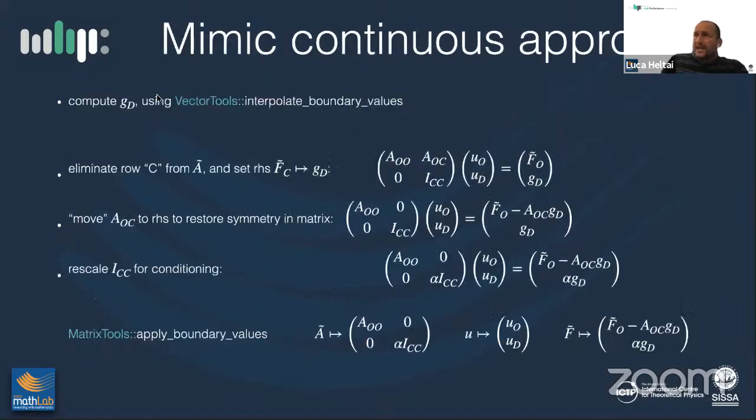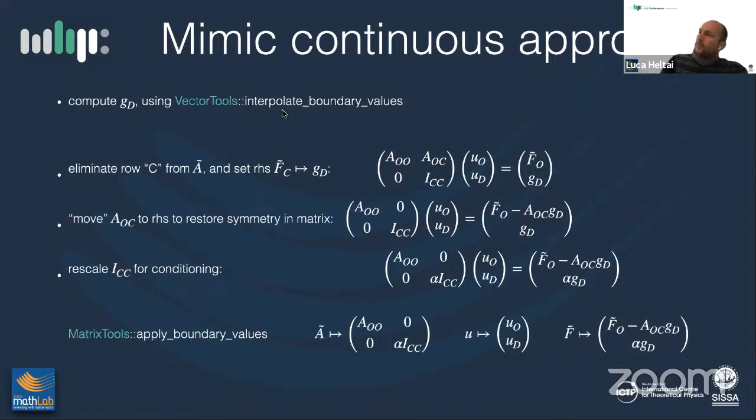VectorTools::interpolate_boundary_values will fill a part of a vector that contains the boundary values. You have already used this in step 3 and step 4. If you have read the documentation, it has already explained this to you. But if not, this is now the right moment to look at the details of what is actually happening here. So this takes all the boundary values.